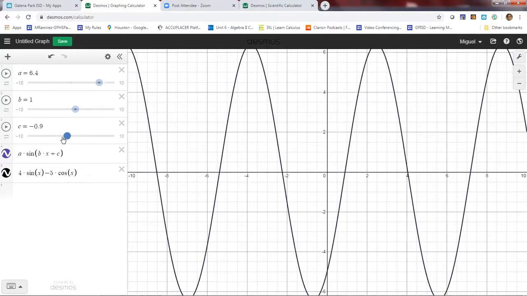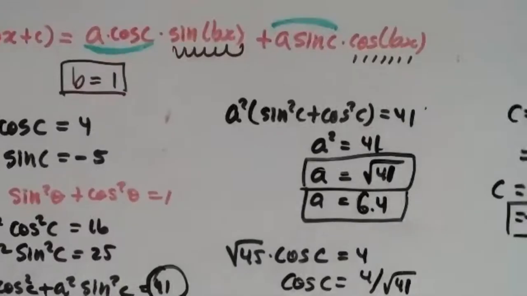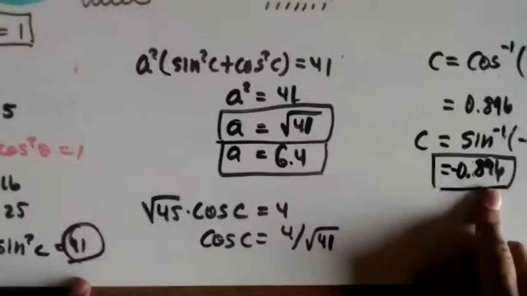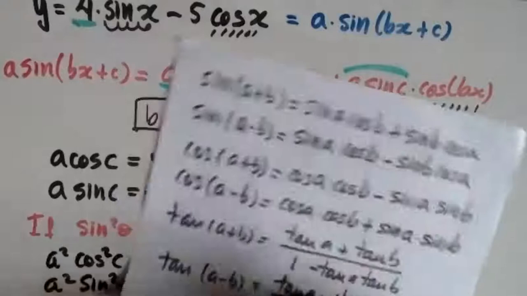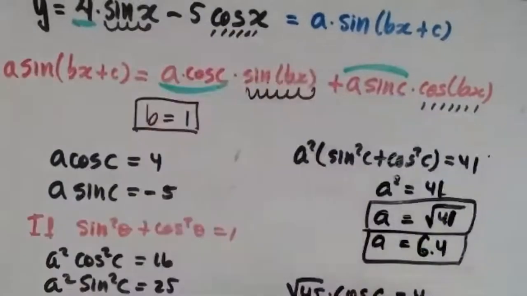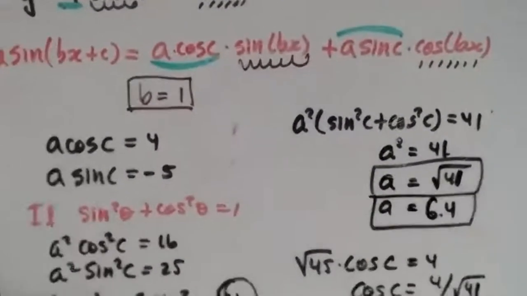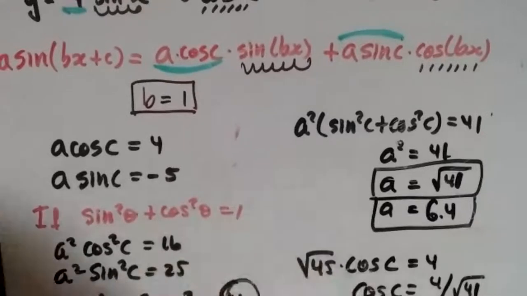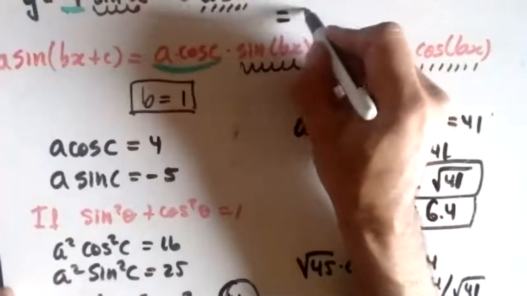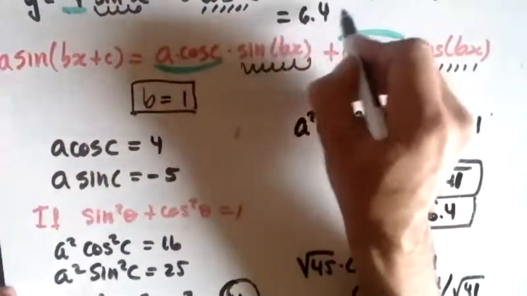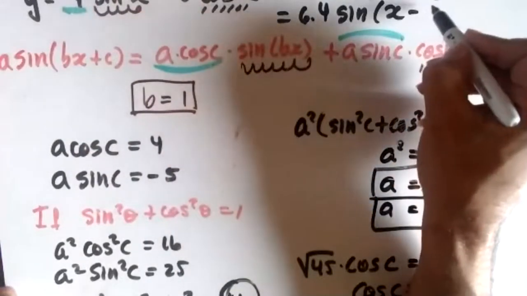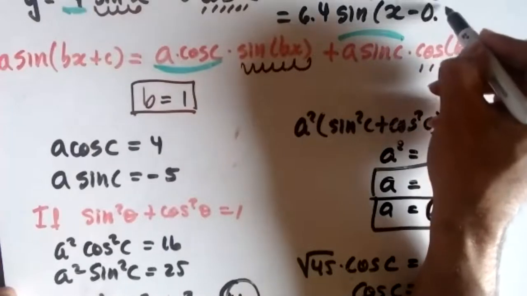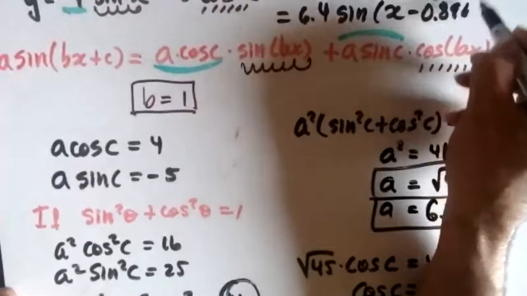Yep, there is. So my solution really, yeah, is with a negative because we have a negative right here and the identity identifies with a negative. So this is the one. So my solution is going to be 6.4 sine x minus 0.896.